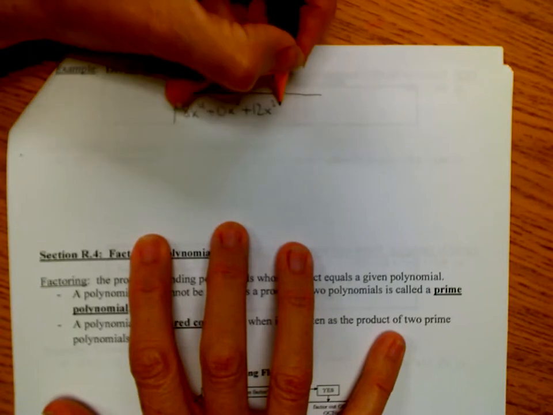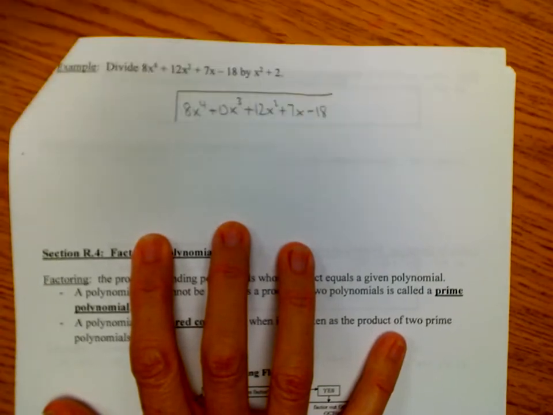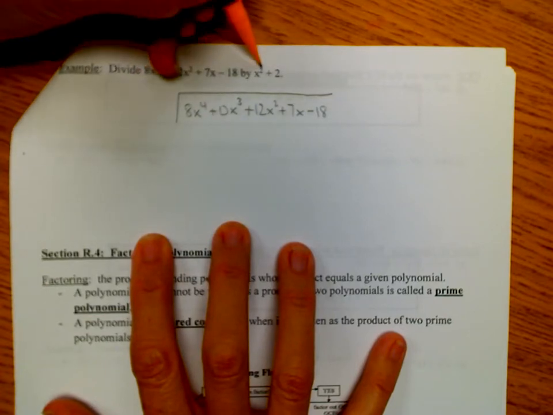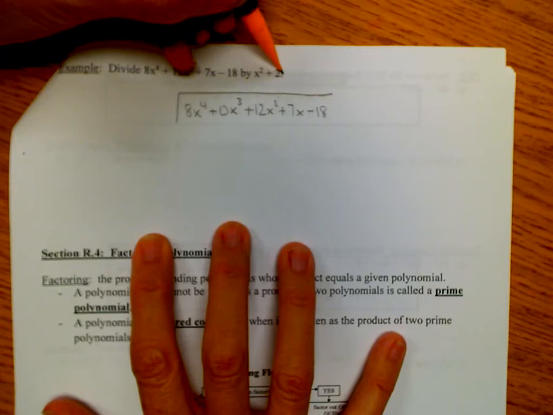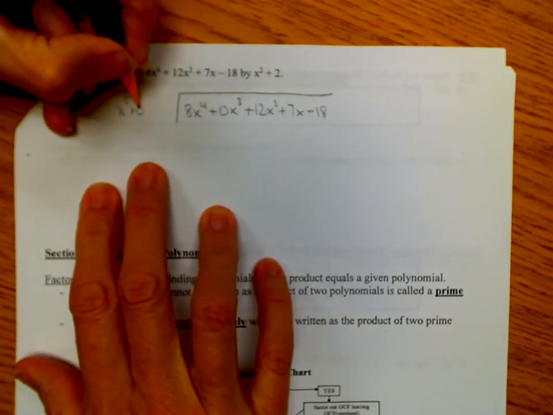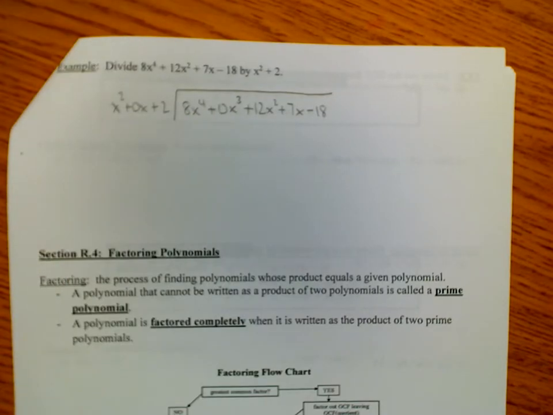The rest of my terms are decreasing sequentially. I also notice on my divisor that I go from x squared to x to the 0. I'm missing an x to the 1st, so I will also have to add a placeholder on this side. It doesn't change the process at all. You just have to have the problem set up correctly.